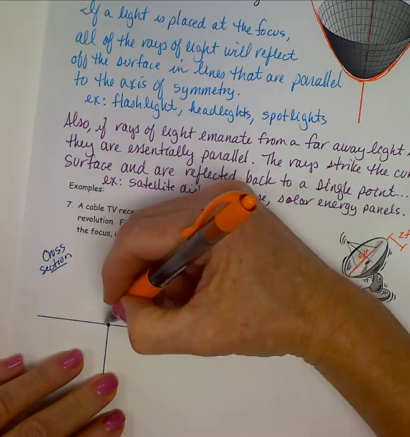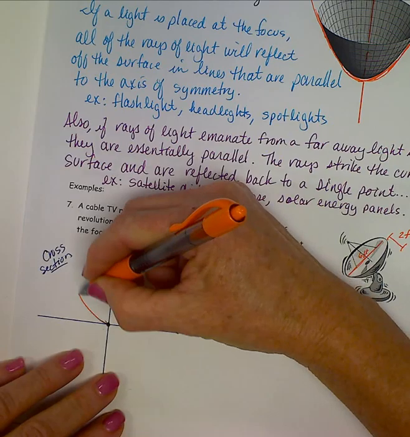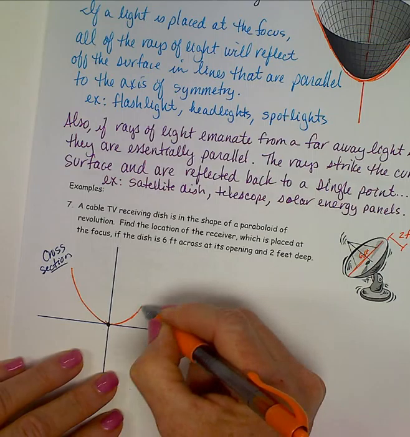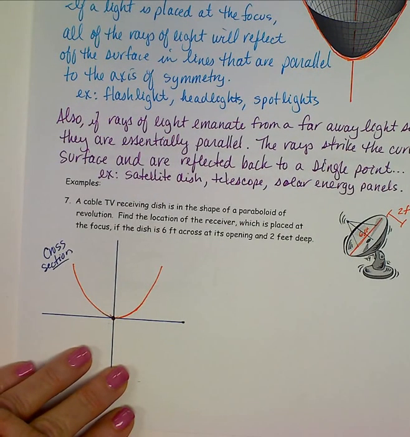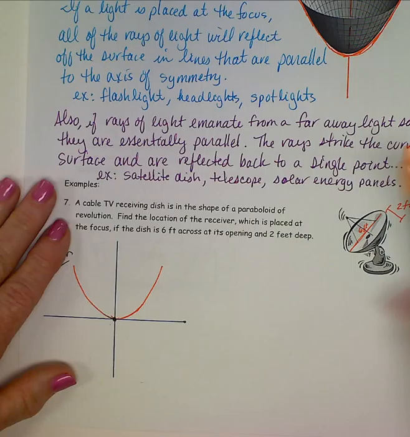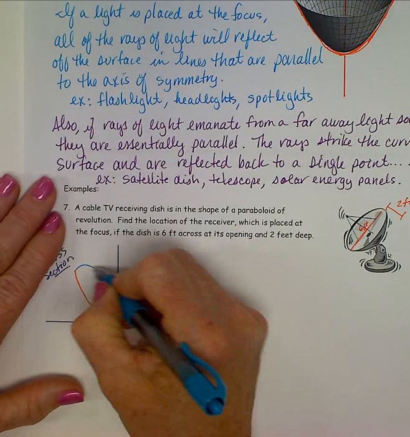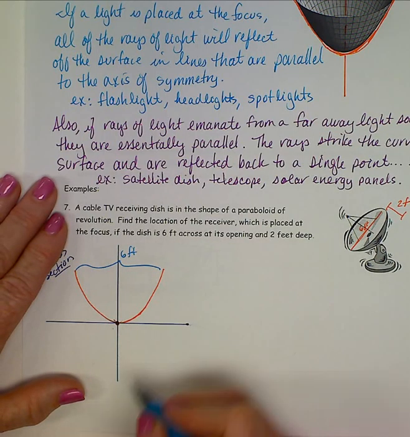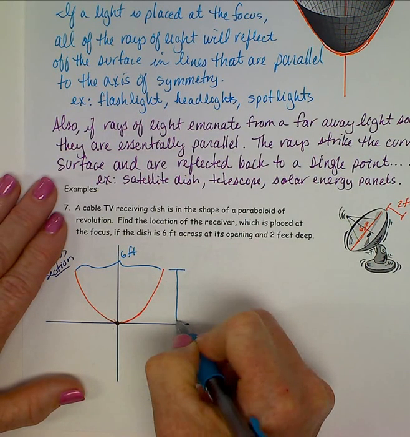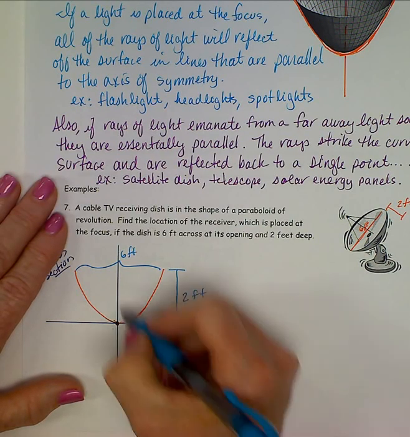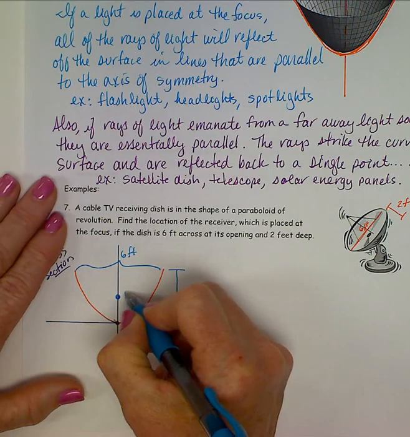And then I'm just going to draw this satellite dish out here. That satellite dish doesn't keep going, it stops when that distance is 6 feet. This distance, its depth, is 2 feet. And we want to know where the receiver is, so we want to know where that focus is.